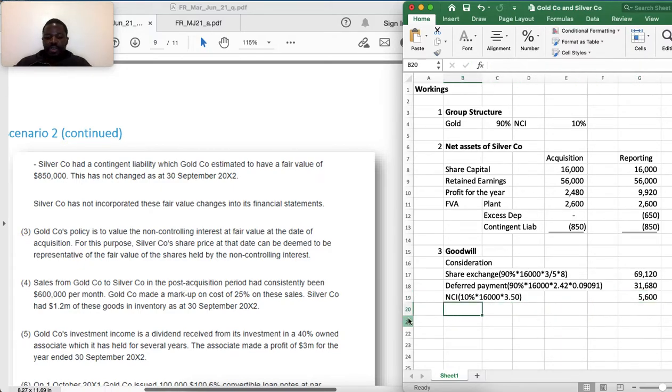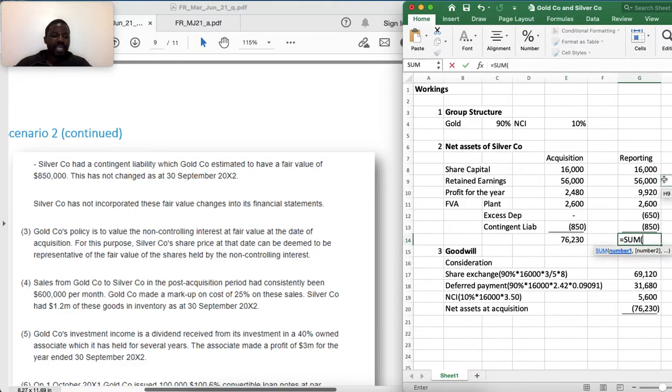Then we need to subtract the net assets at acquisition. The net assets at acquisition, we didn't put the total there, so let's put the totals here. Sum at acquisition, so this is the figure that is coming here.